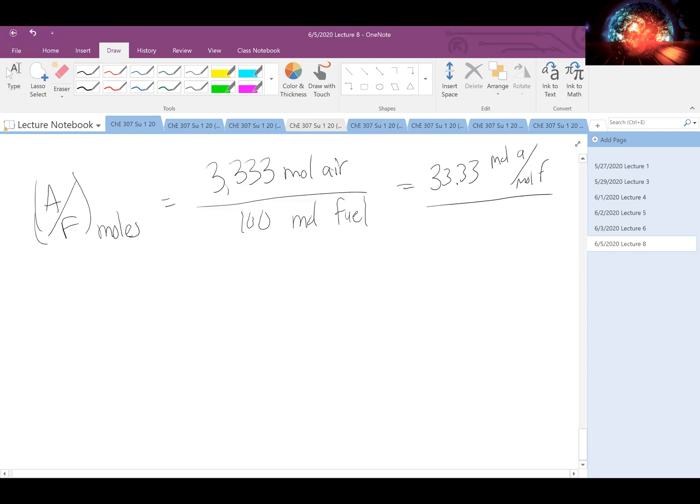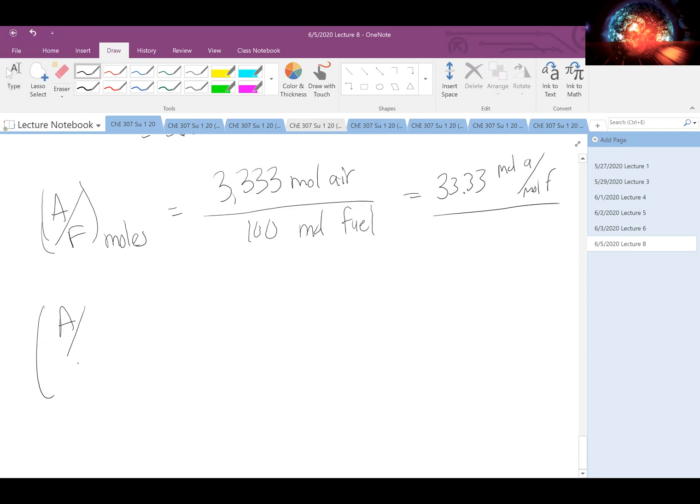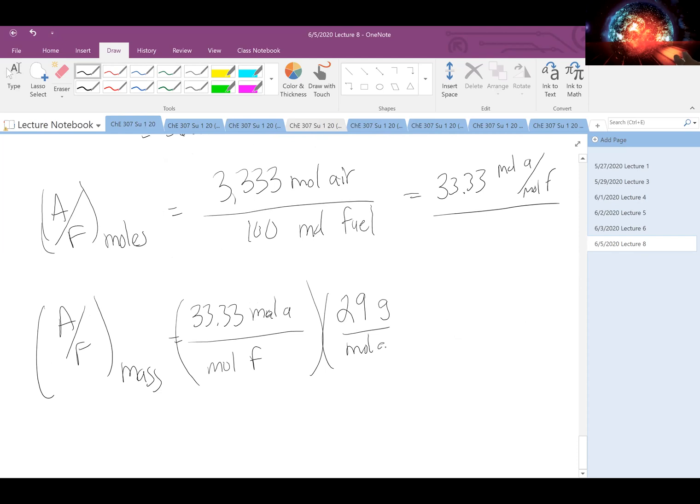And for fun, if I wanted to find the mass air to fuel ratio, I can just take that 33.33 moles of air per mole of fuel, multiply it times the molecular weight of air, which is 29 grams per mole, and divide by the molecular weight of the fuel, and it's propane, which is 44 grams of fuel per mole of fuel.